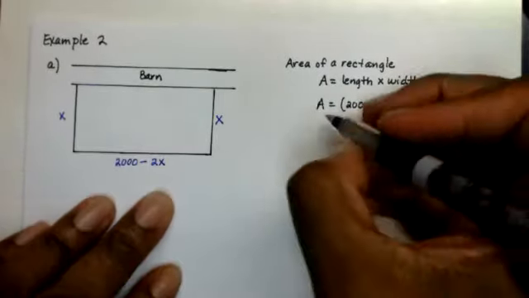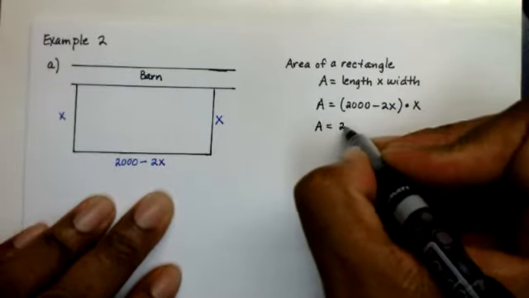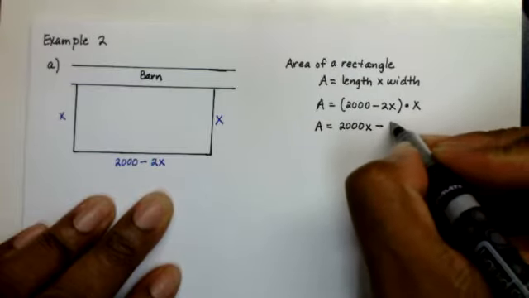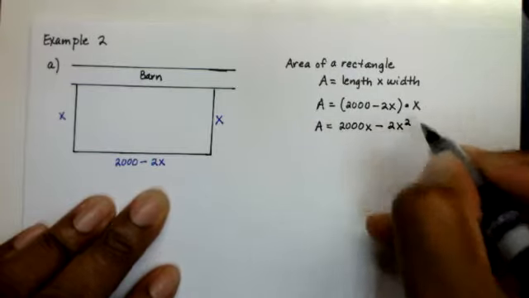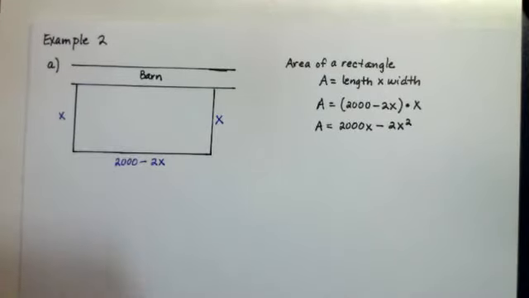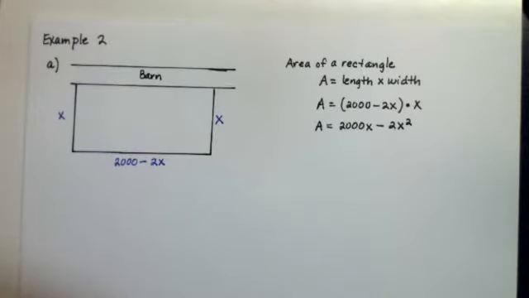So if I distribute the X here, this will be A is equal to 2,000 times X will be 2,000X minus 2X times X will be 2X squared. That represents this area right here of the rectangular pen. 2,000X minus 2X squared.